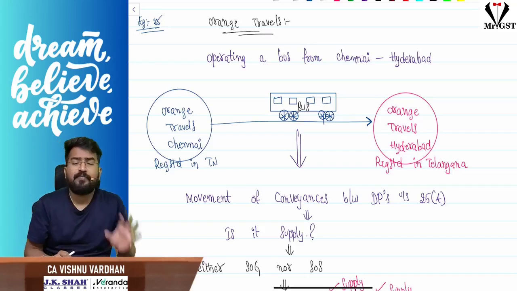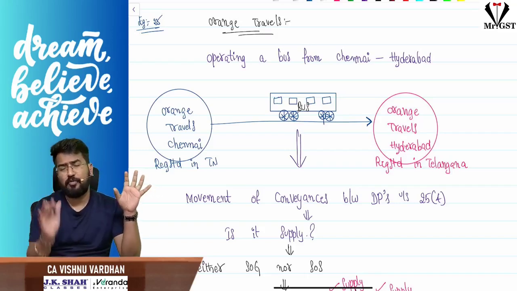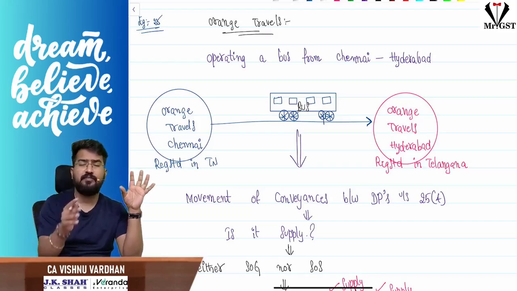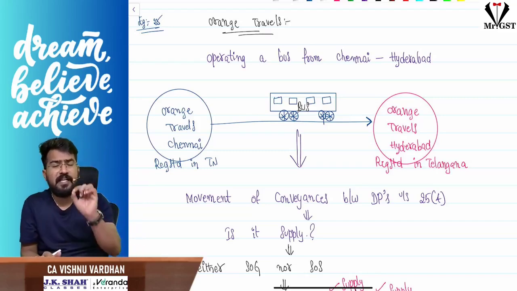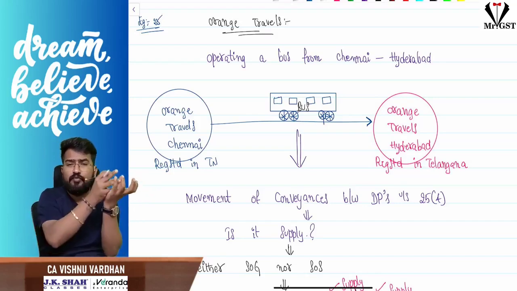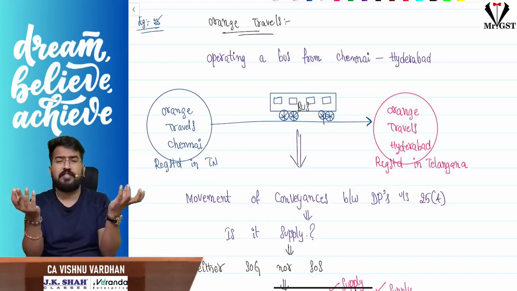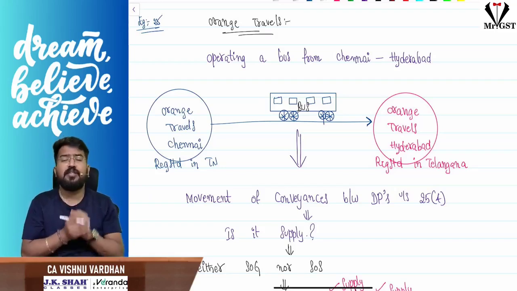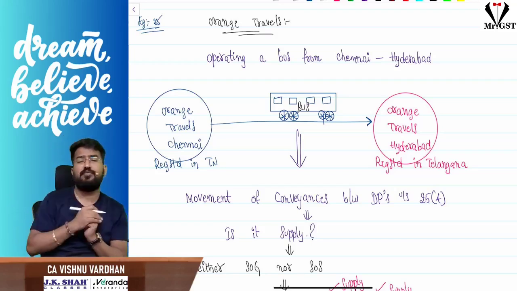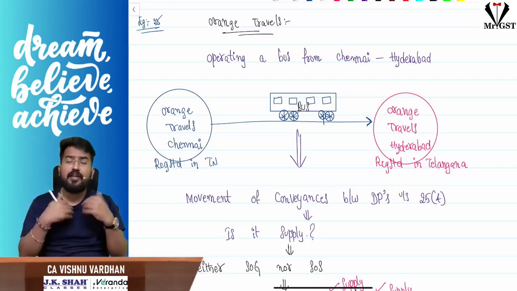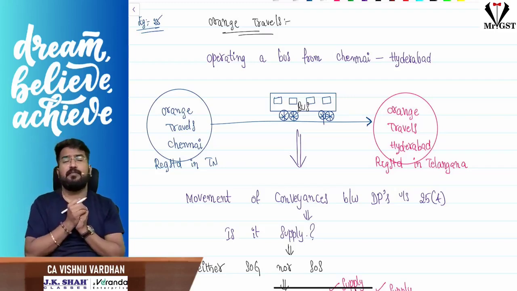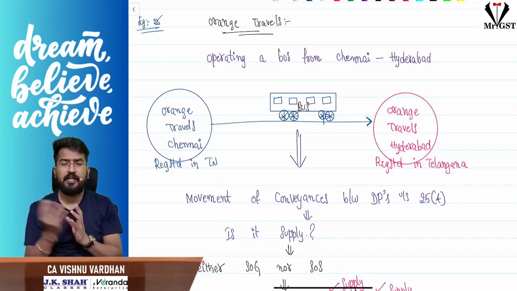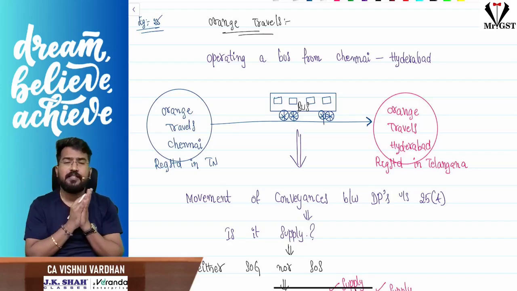So they said the movement of conveyances, leave about bus, whether it is bus, lorry, taxi, train, aircraft, ship, vessel, whatever you call, any conveyance moving from one distinct person to another distinct person for the purpose of transporting passengers, or transporting goods, or for repairs and maintenance, that movement is not treated as supply. I repeat, that movement is not treated as supply.